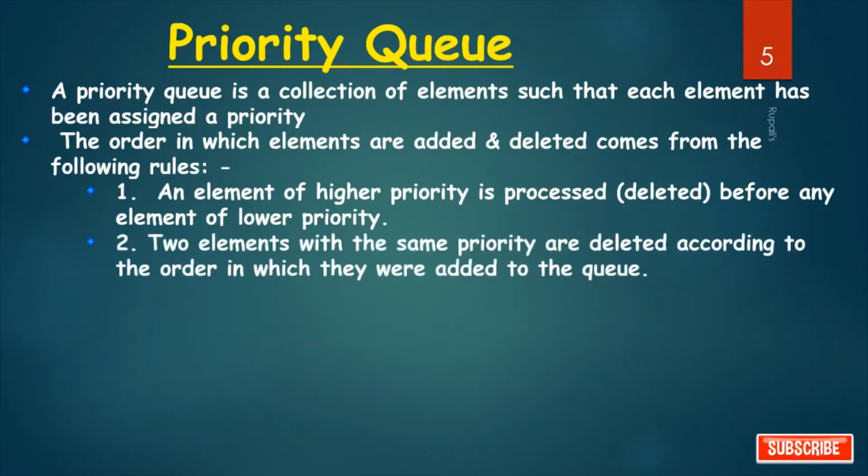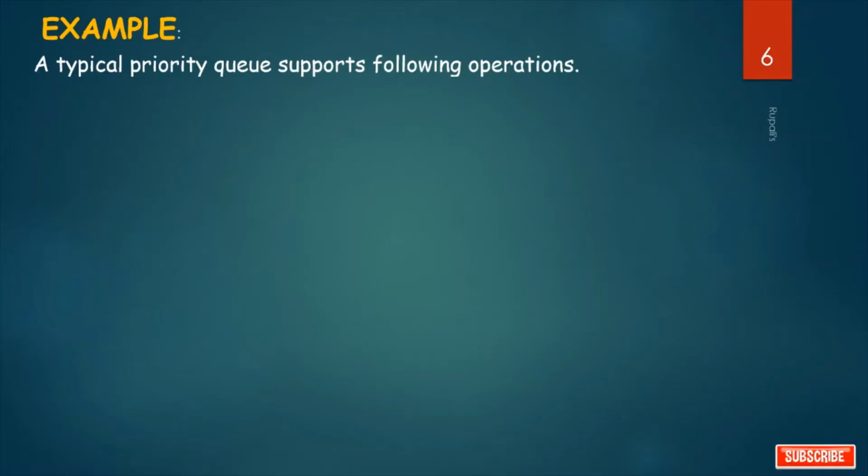But if two elements have the same priority, they are deleted according to the order in which they were added to the queue. Take this example, then it will be more clear.